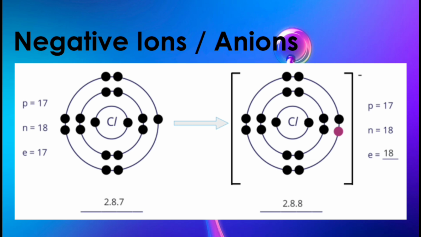So this is how negative ions and positive ions are formed. There is no role of protons and neutrons in the formation of negative or positive ions. Only electrons are either gained by the atom or lost by the atom. When gained, negative ions are formed, called anions, and when lost, positive ions are formed, called cations.